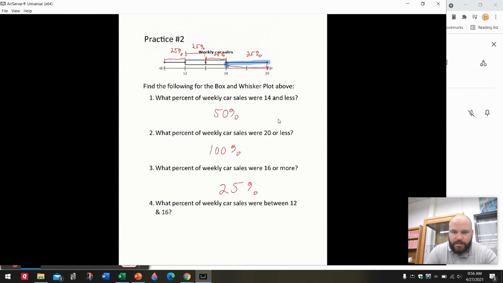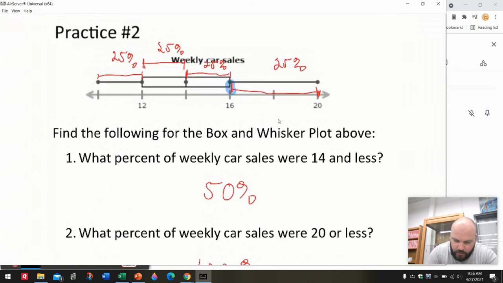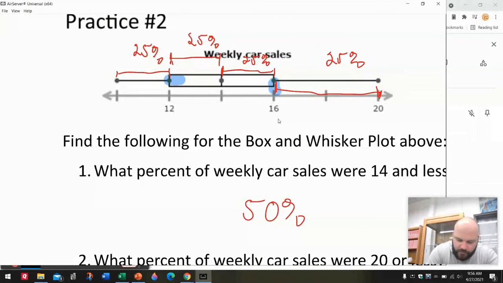Now, the last question I'm going to go over today is what percent of weekly car sales were between 12 and 16? So let's go back and look at that for a second. Between 12 and 16 would put us right here, 12 and 16. So we are highlighting the entire box in the center.